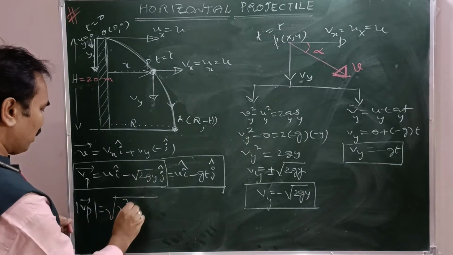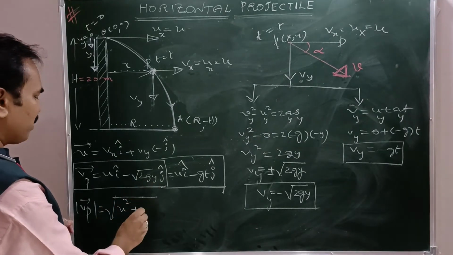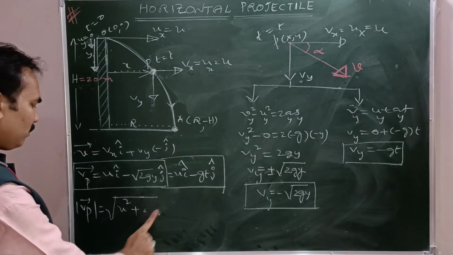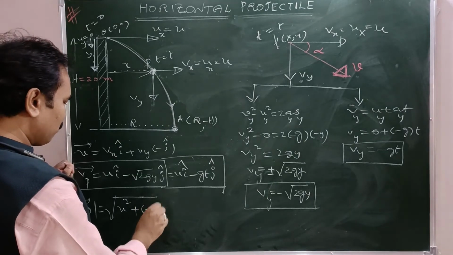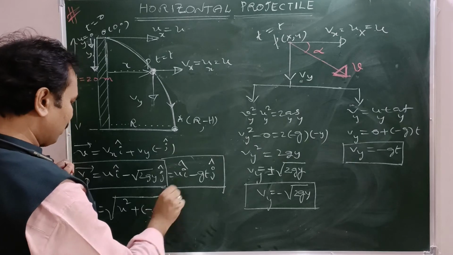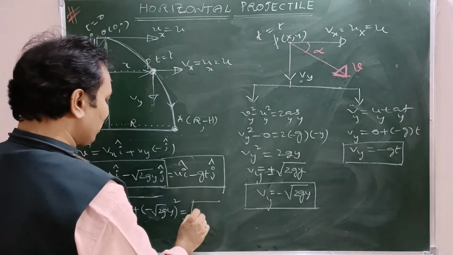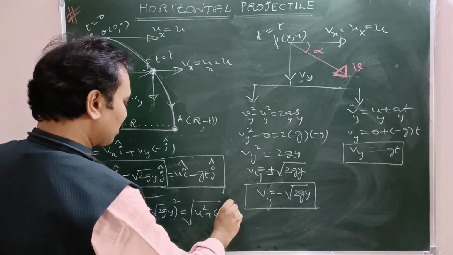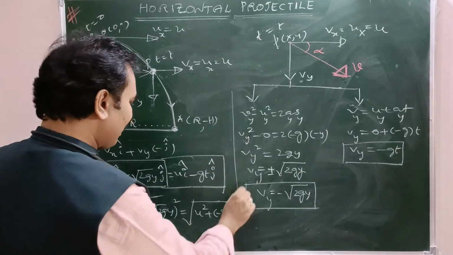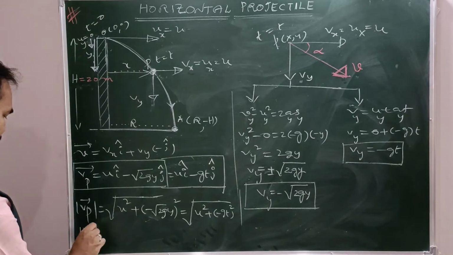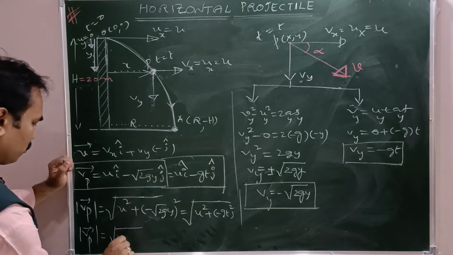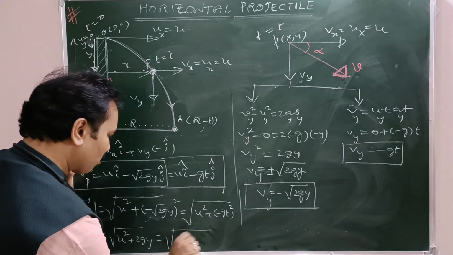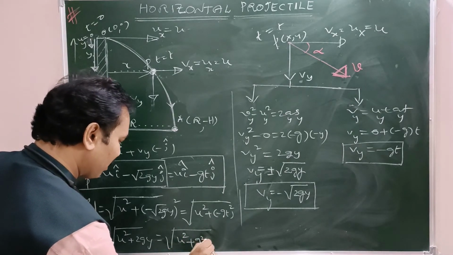The x component is u squared, plus or minus root 2gy whole squared, which means 2gy, plus the y component squared, gt whole squared. So mod Vp equals root over u squared plus 2gy, otherwise root over u squared plus g squared t squared.